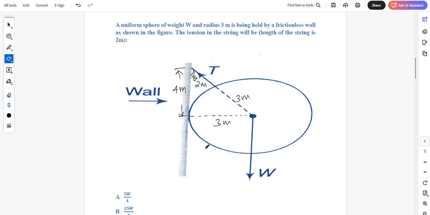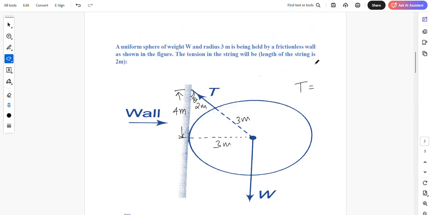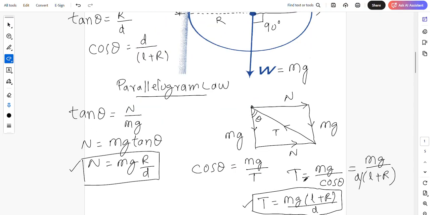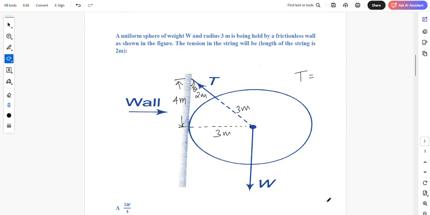The tension in the string will be how much? What is the formula for tension? Just now we calculated. T is equal to mg into L plus r by d.